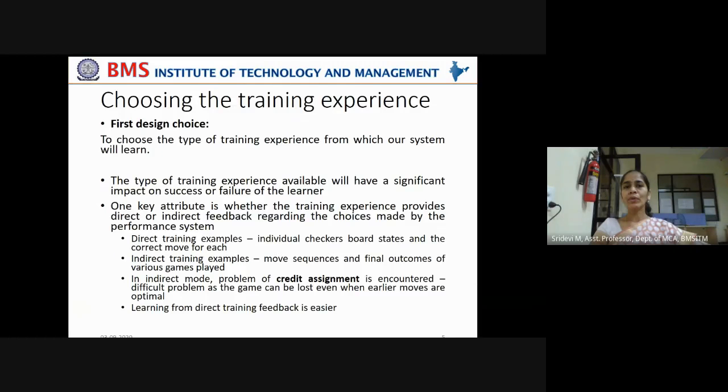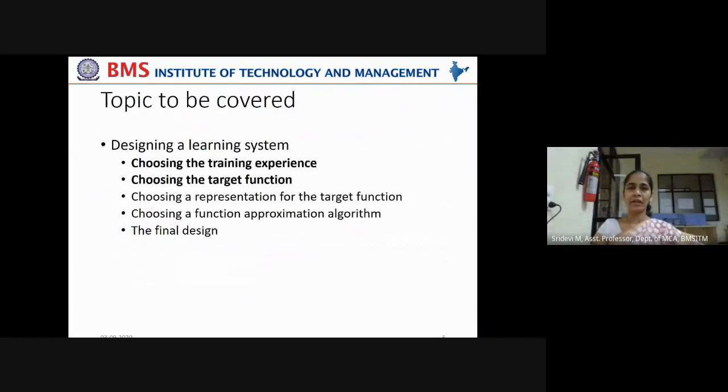Now let us choose the training experience first. We have 5 different categories under this. As I said, the topics to be covered today under designing a learning system are: choosing the training experience, in what way that particular system will be trained; choosing the target function, how do we define the target function; choosing a representation for the target function in some mathematical terms; choosing a function approximation algorithm, which algorithm would be best suited to derive the maximum; and the final design, which incorporates all these aspects discussed so far.